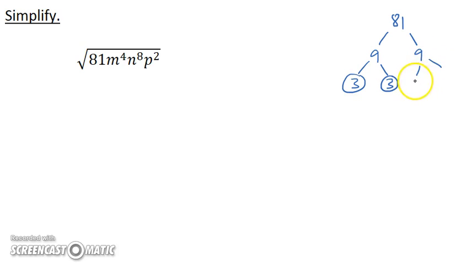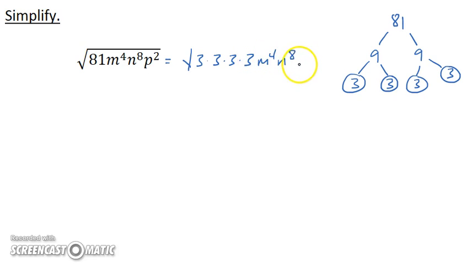But it is the same as 3 to the fourth power. So what do I have? Well, I've got 3 times 3 times 3 times 3 times m to the fourth times n to the eighth times p squared.